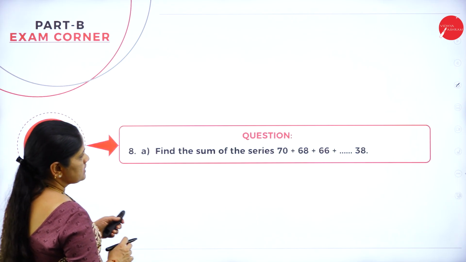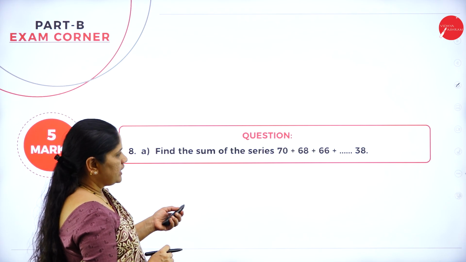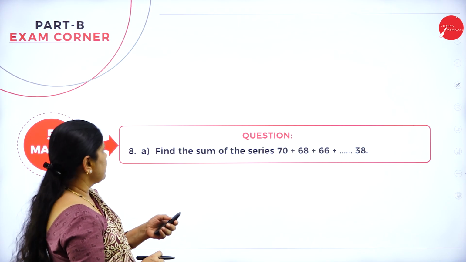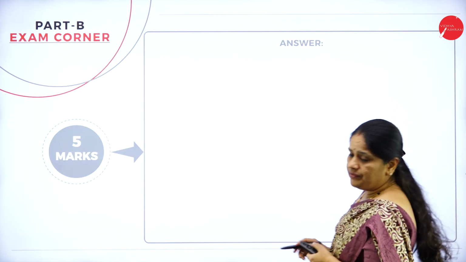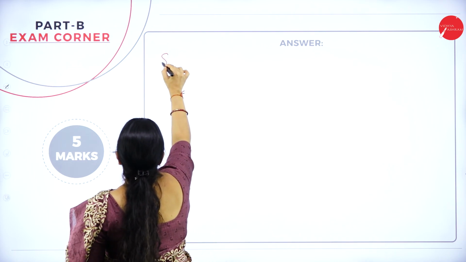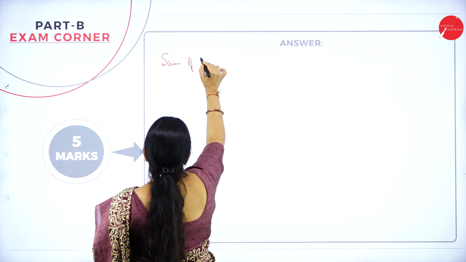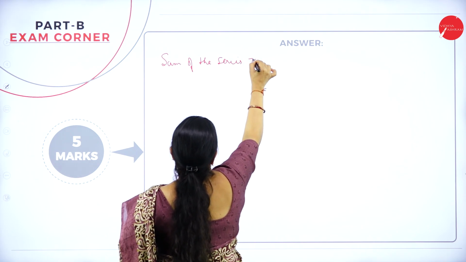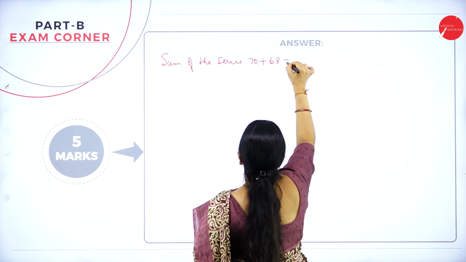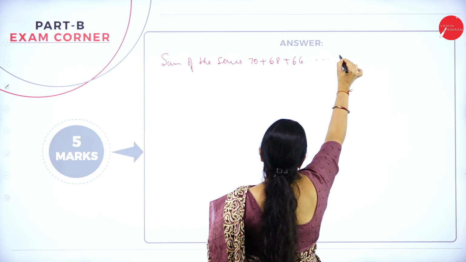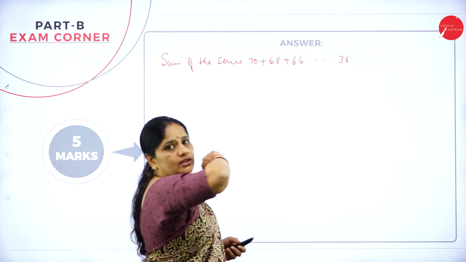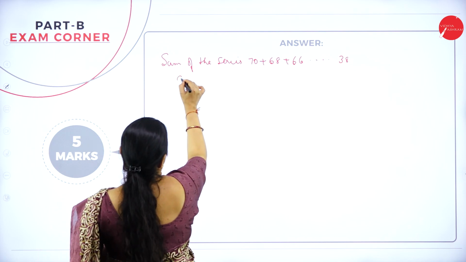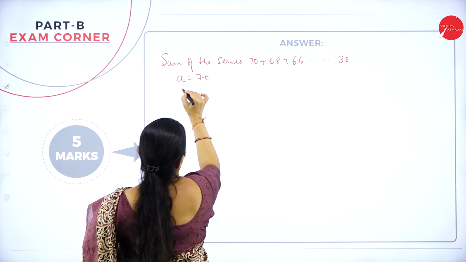Now find the sum of the series 70, 68, 66 up to 38. So we will write sum of the series 70 plus 68 plus 66 up to 38. So what is A? A equals 70.